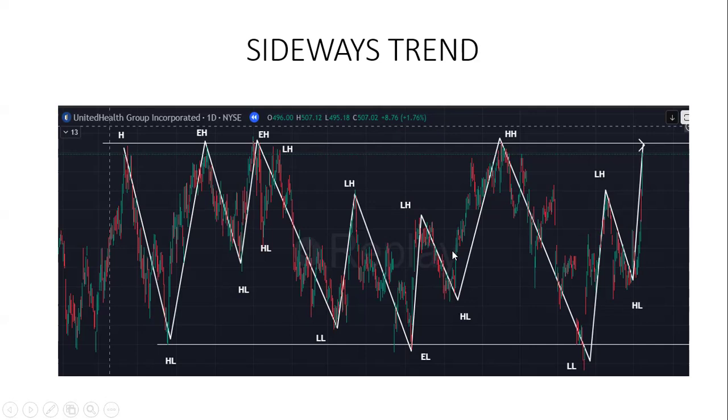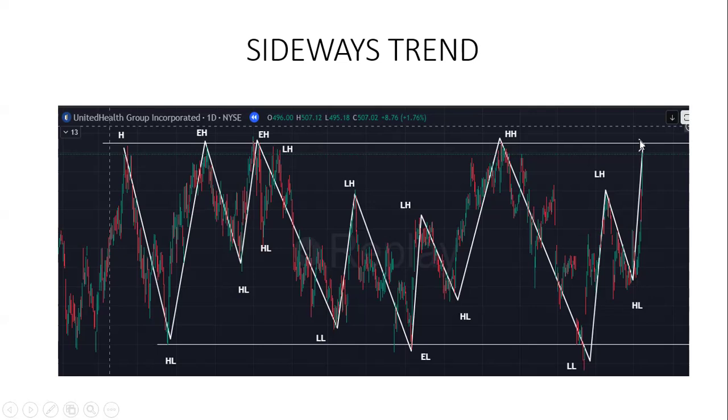But instead of making a lower low, it has made a higher high. Now what can we expect after this higher high? A higher low, right? But instead of making a higher low, it has made a lower low, then a lower high, and after the lower high, we are supposed to get a lower low, but instead of a lower low, it has made a higher low, and then it is going up.